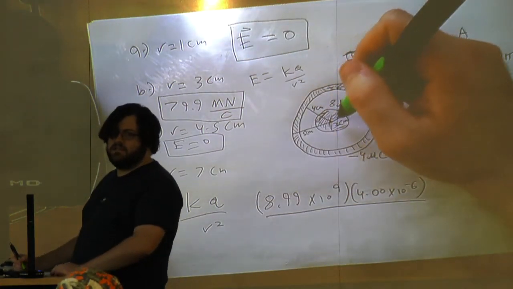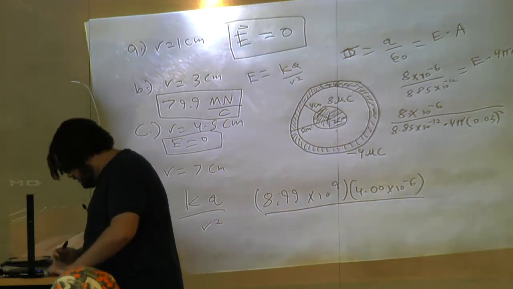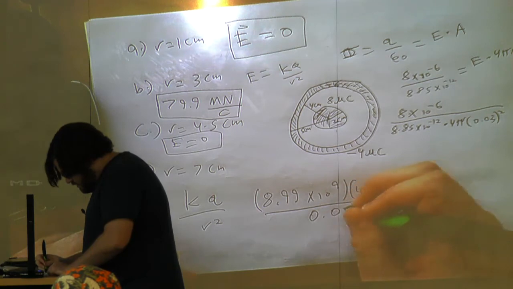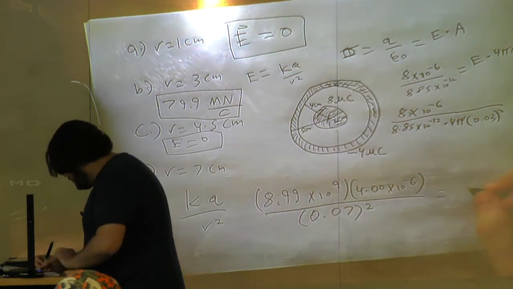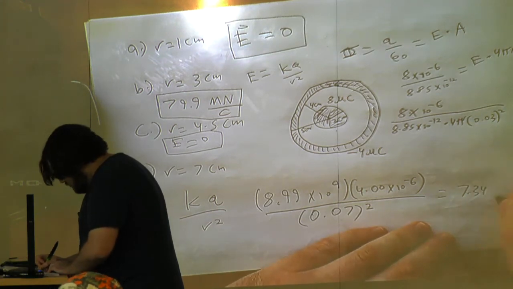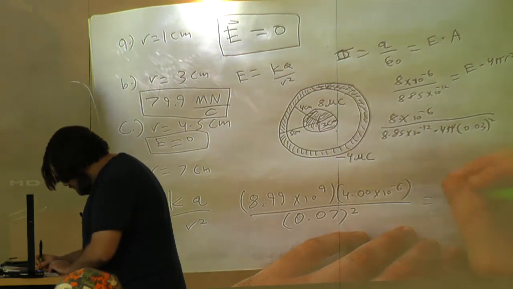I just canceled out the positive and negative to get the net charge. Over 0.07 squared equals 7.34 times 10 to the 6 Newton per Coulomb.